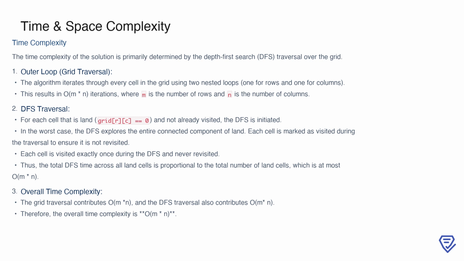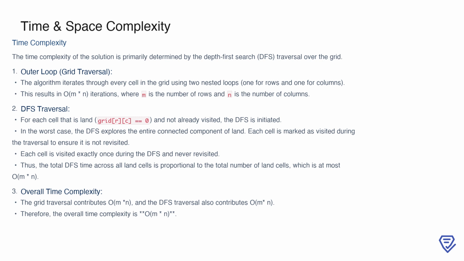Now, every time we encounter a land cell, which is represented by grid[r][c] == 0 and hasn't been visited, we initiate a DFS traversal. During this process, we explore the entire connected component of land, marking each cell as visited to avoid revisiting it later. Importantly, each land cell is visited only once across all DFS calls.